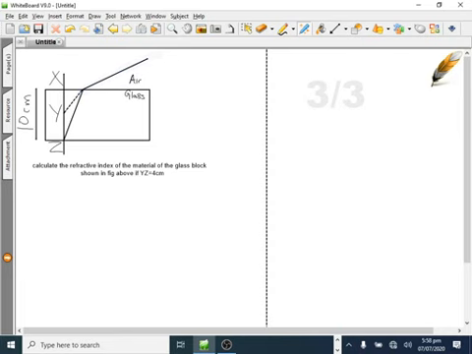Which means we have our real depth, which is where this object is located here. And then remember that this refracted ray, we used to produce it backward.